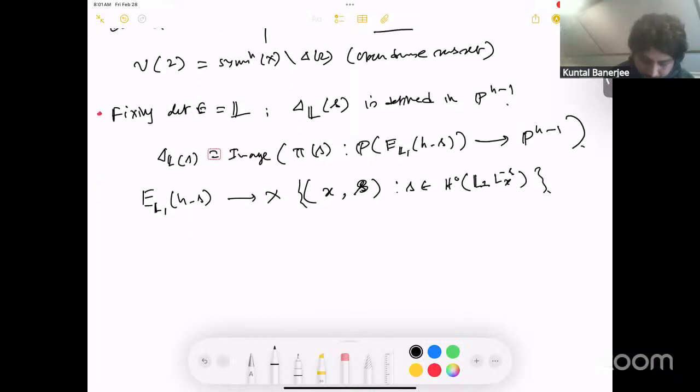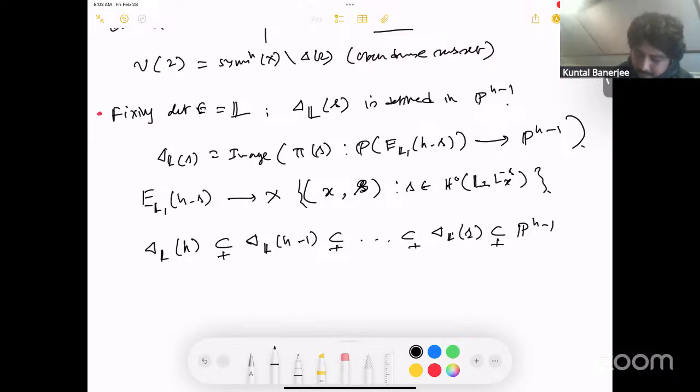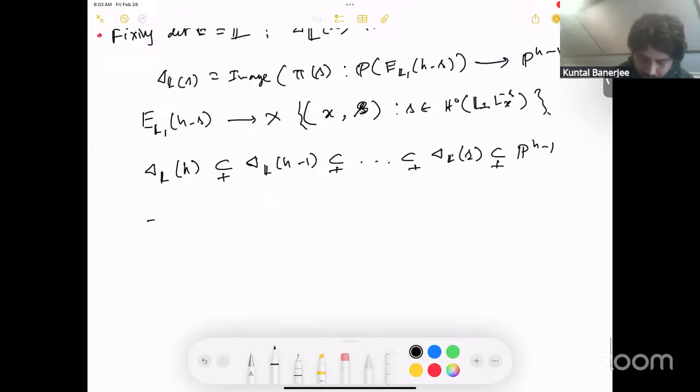Okay, and also then we obtain that there is a very nice filtration of subvarieties, which says that it is actually of dimension h minus s.